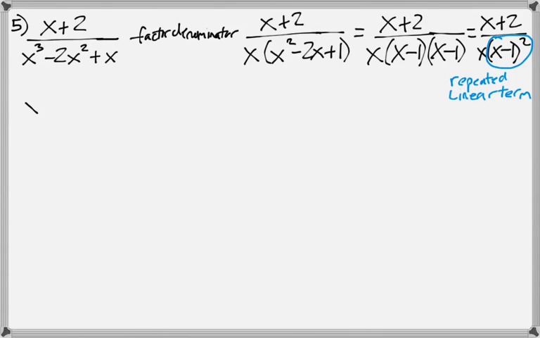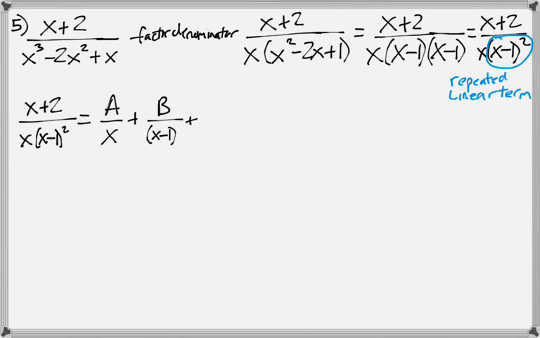So it's going to be x plus 2 over x times x minus 1 squared, and this will be equal to a over x plus b over, now we need to actually build up into the x minus 1 squared. So I need to include one of every power that's less than the squared. So this will be x minus 1 and then plus c over x minus 1 squared.